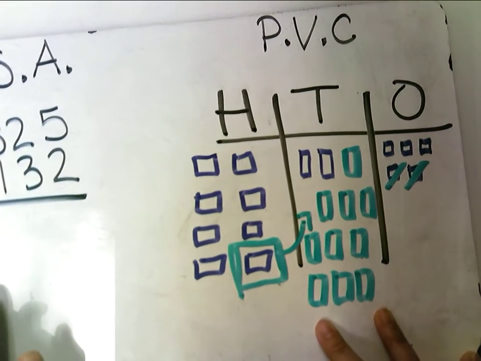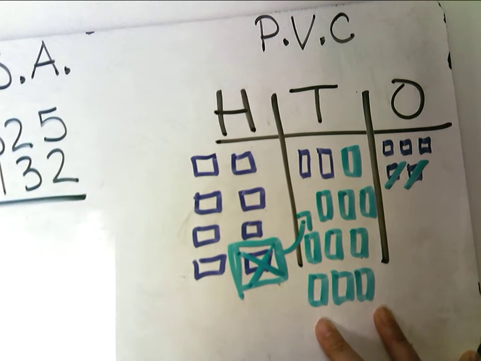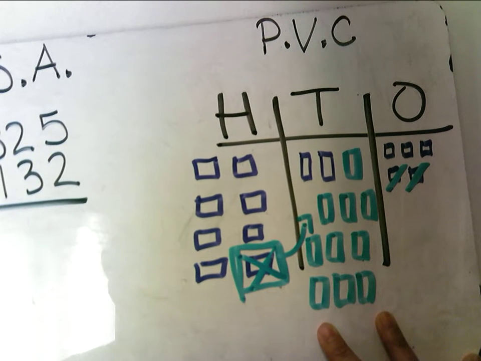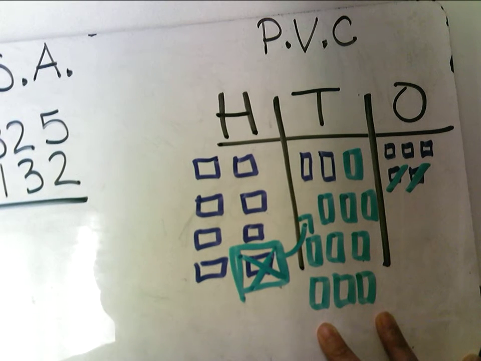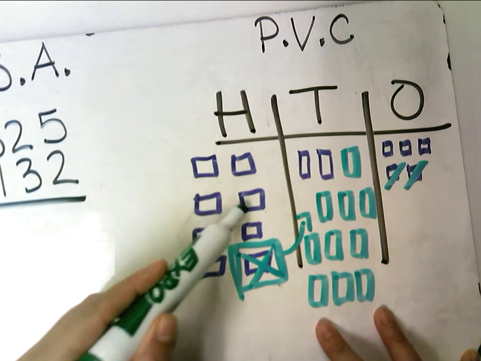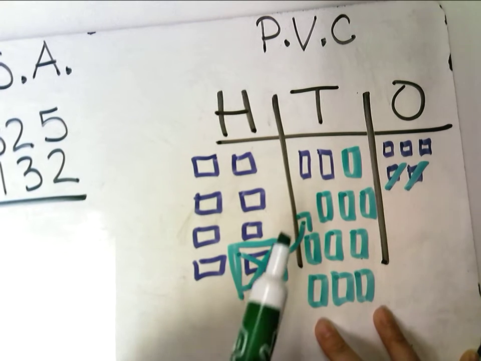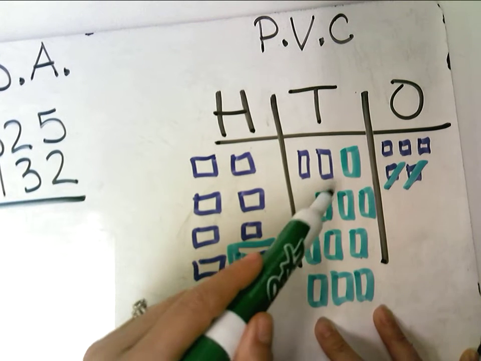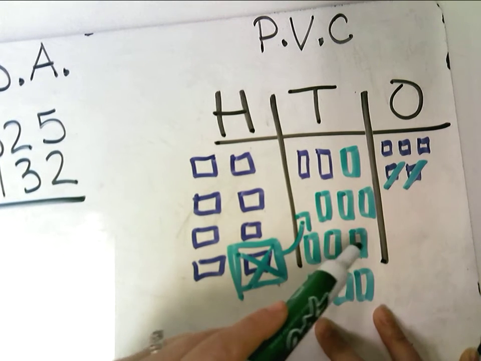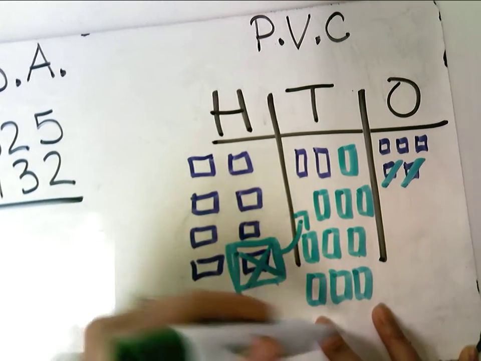Now we've unbundled, and we can even cross that out, so we know we've unbundled 100 into 10 tens. How many hundreds and tens do we have now? Well, we have 7 hundreds, and we have 12 tens. Whoa, that's too many tens.